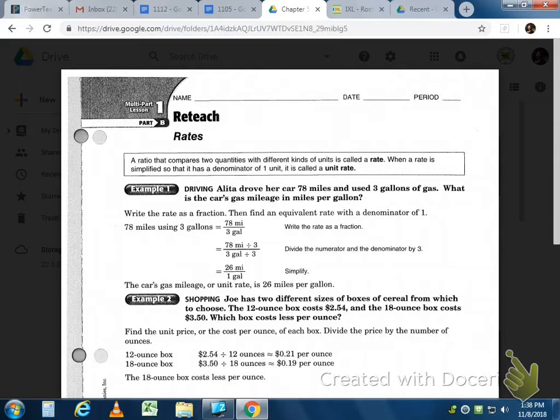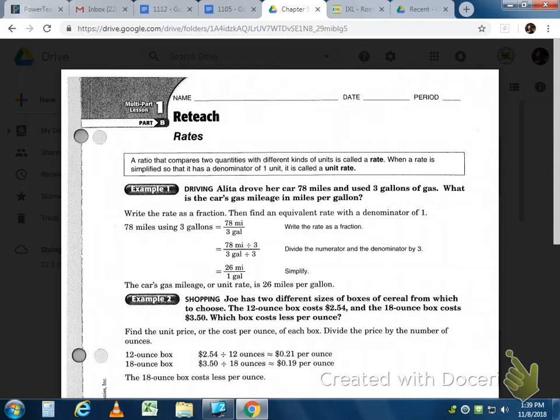So you can comparative shop that way. That, oh, if I buy this size, it's 15 cents an ounce, and if I buy this size, it's only 12 cents an ounce. So that is actually the unit rate, and that's how people determine what's the best buy, and that's going to be part of this lesson.